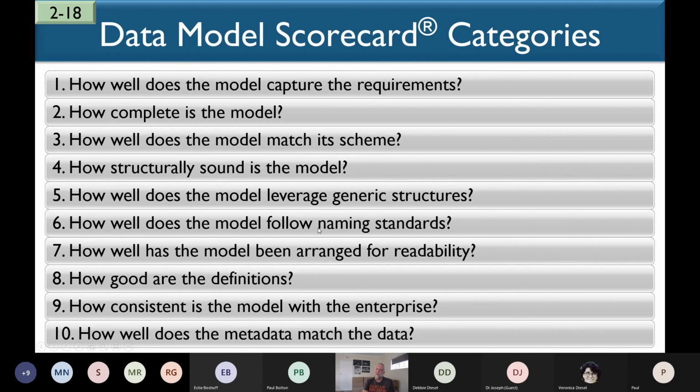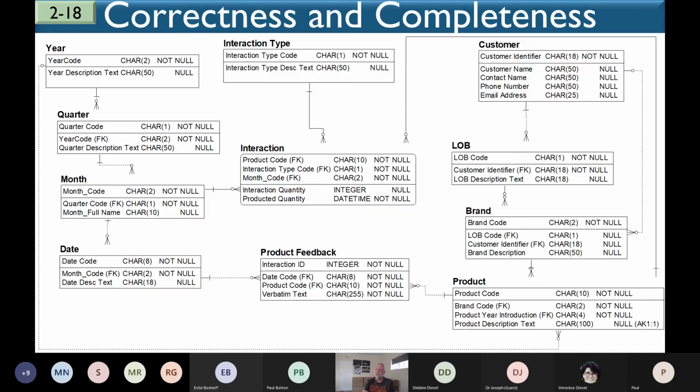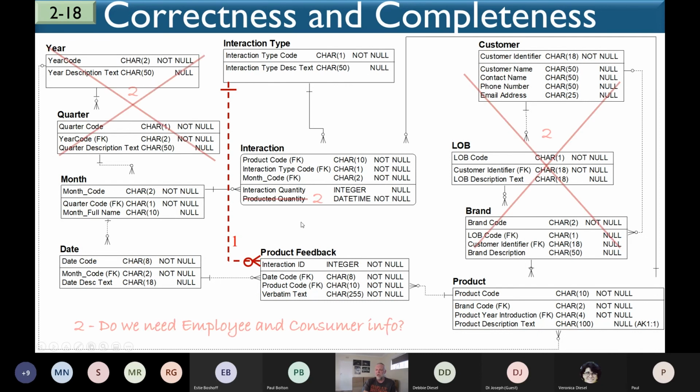And here is the scorecard that I showed you, and just to give you an understanding of how I apply correctness and completeness to data modeling, we look at this data model that we have as a sample as part of our training, and we say, oh dear, and we get out our red pen just like teachers do, and they say we've got a problem, we can't navigate between product feedback and interaction types.